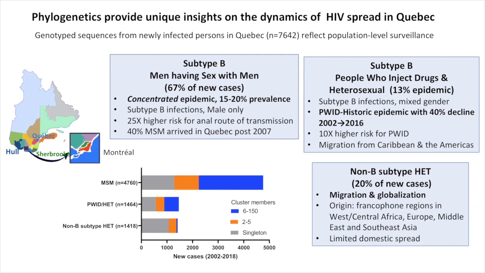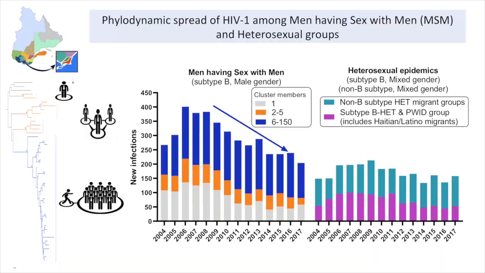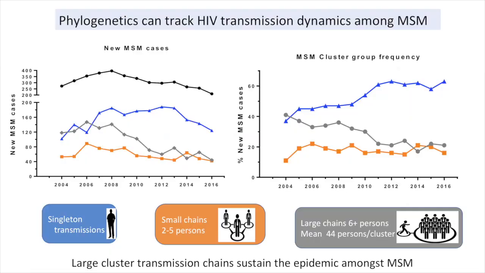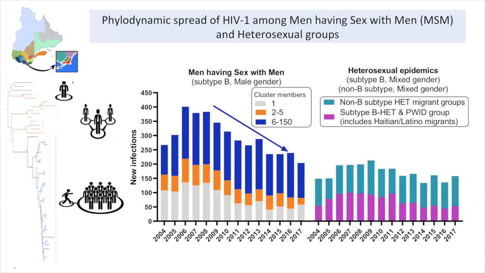So it remains vital to have a means to study an epidemic among individuals, and phylogenetics provides unique insights into the spread of HIV. If we look at the epidemic, we can use phylogenetics to monitor the spread of the HIV epidemic in clusters and to follow the epidemic over time.